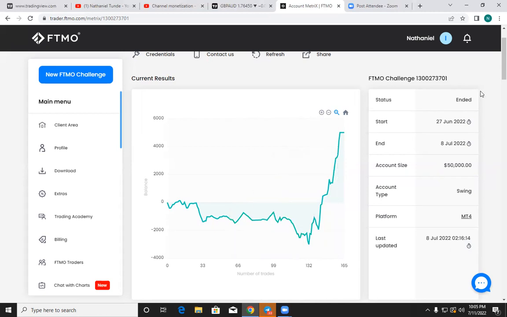Every trading system will have 3 or 4 elements. The first element is the risk management system. Your trading system must have the risk management techniques that you are using. It must have the entry strategy that you use.